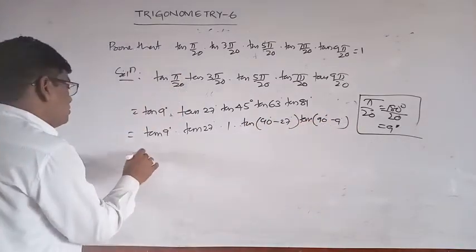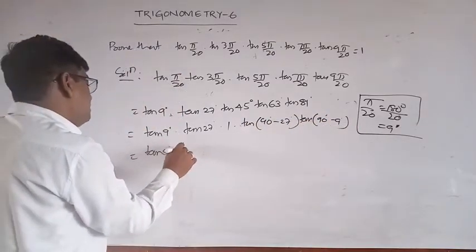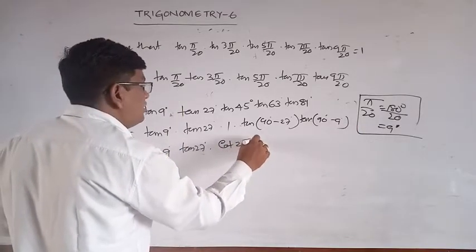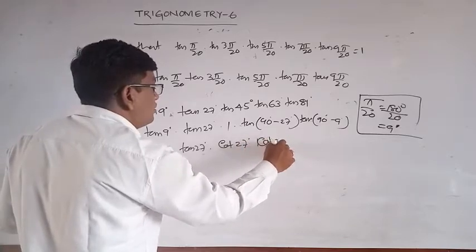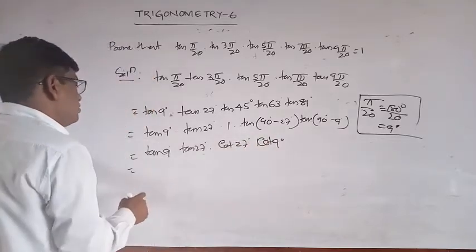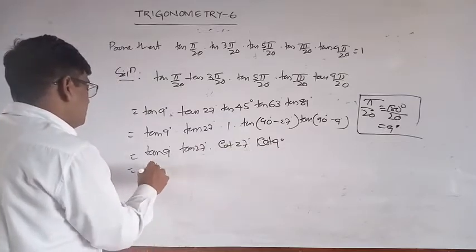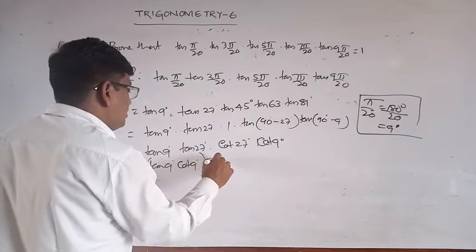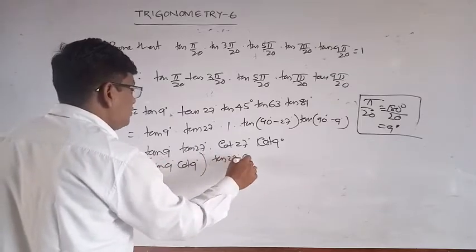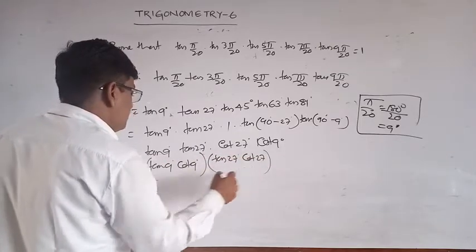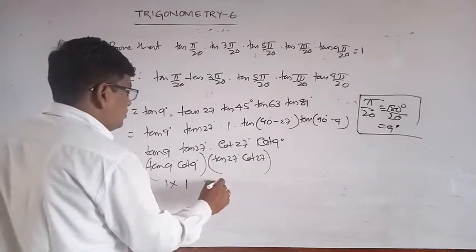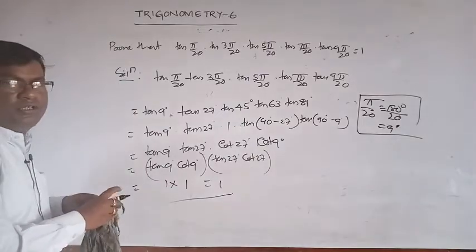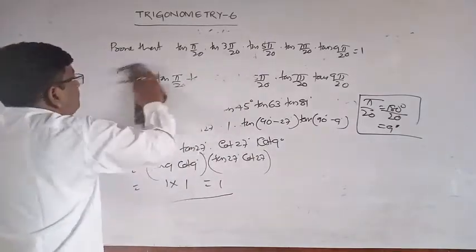So this is equal to tan 9 degrees into tan 27 degrees into cot 27 degrees into cot 9 degrees. So tan 9 into cot 9 is 1 and tan 27 into cot 27 is 1. So 1 into 1 is equal to 1. This is the proof of the first. Now another question.